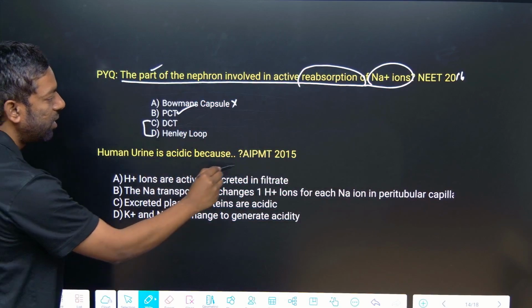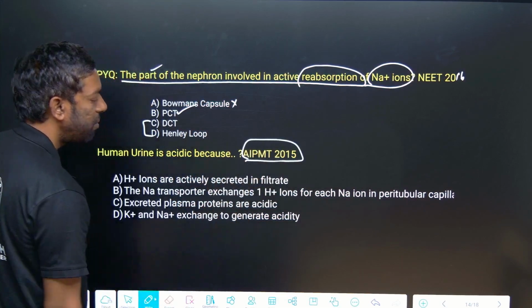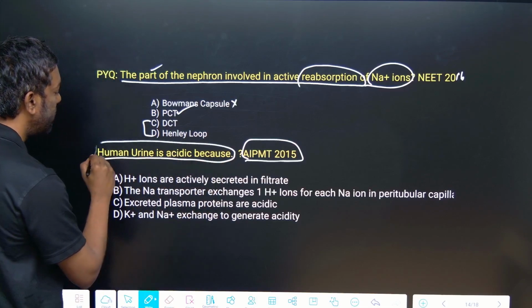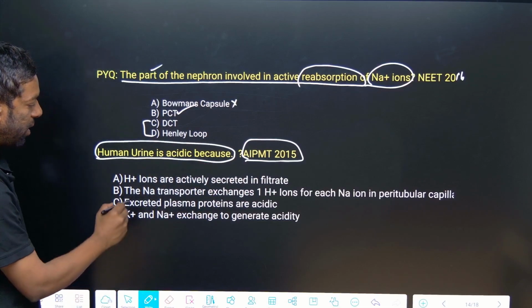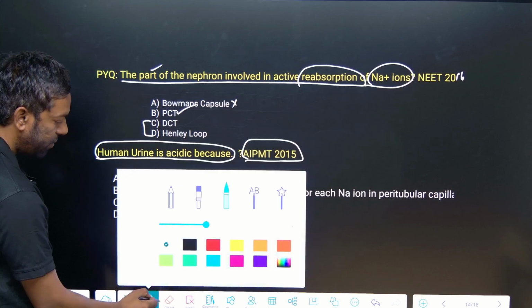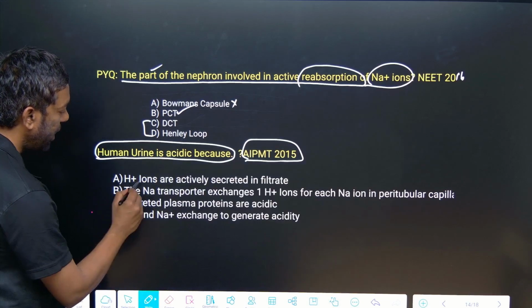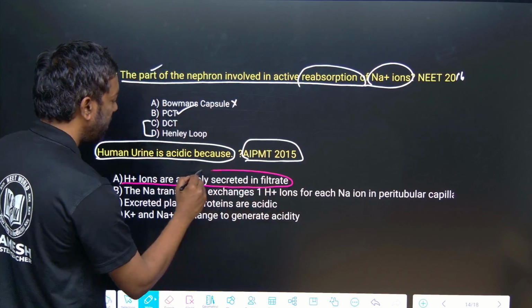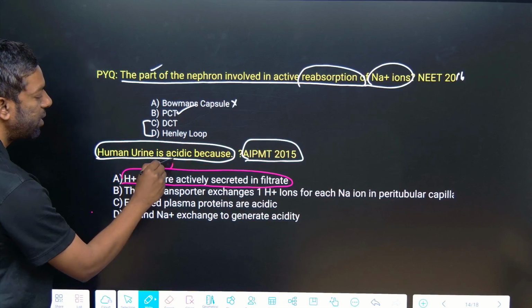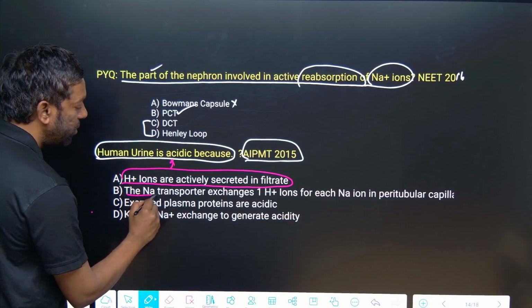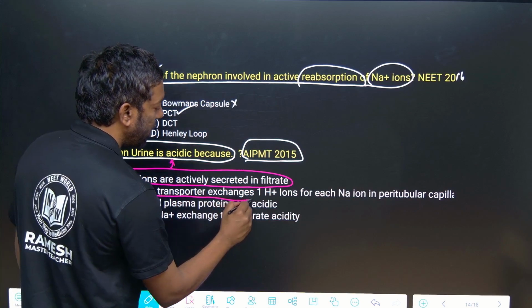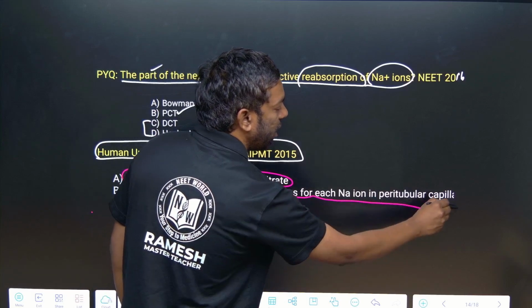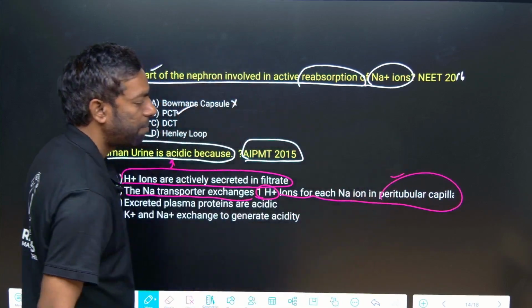And this is a 2015 AIPMT question. Human urine is acidic because H plus ions are actively secreted in the filtrate, or because sodium transport exchanges H plus ion for Na ion in peritubular capillaries.